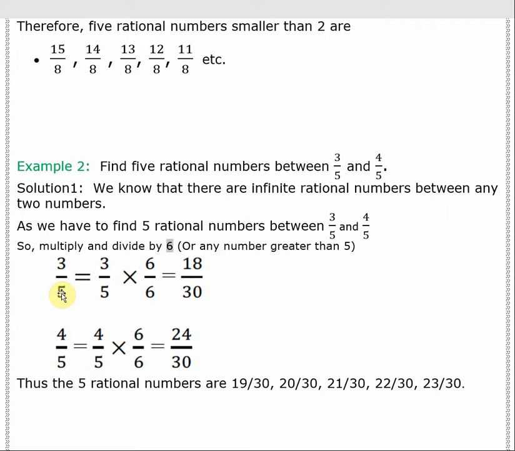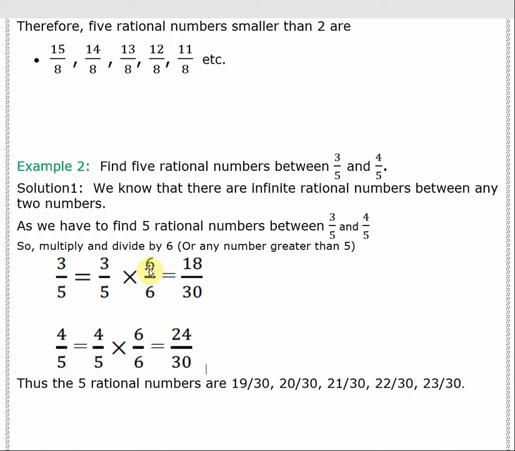3 by 5, numerator 3 will be multiplied with 6 and denominator 5 will also be multiplied with 6. Now 6 by 6 is 1 only, that means we are actually not multiplying with anything. 6 and 6 cut, we get again 3 by 5 back, but still we are doing it to expand the 3 by 5.